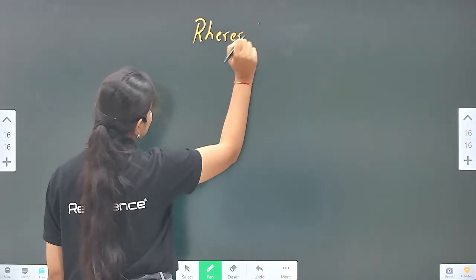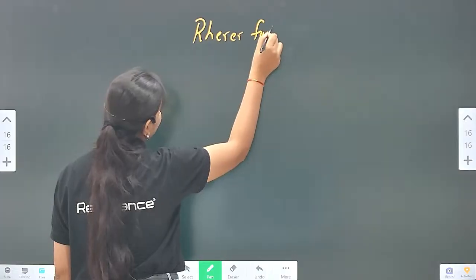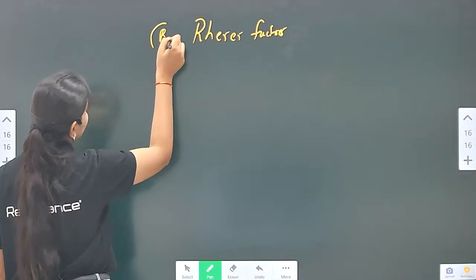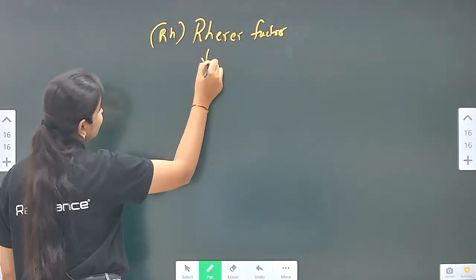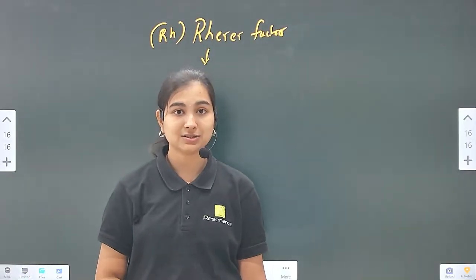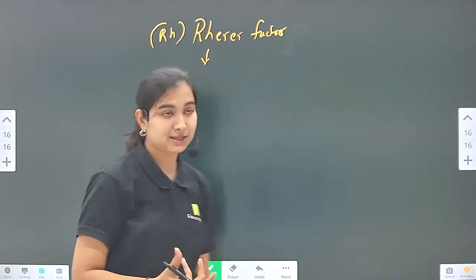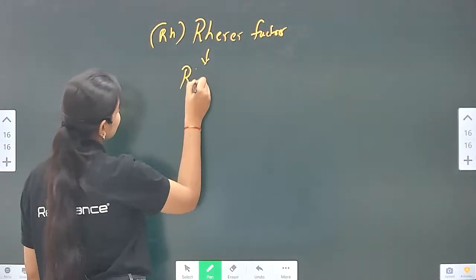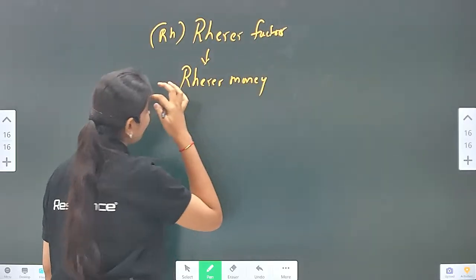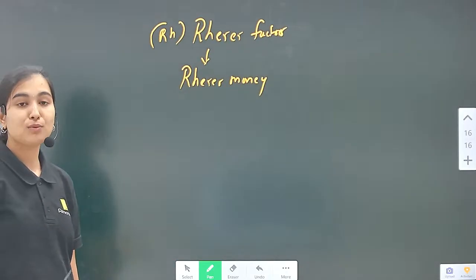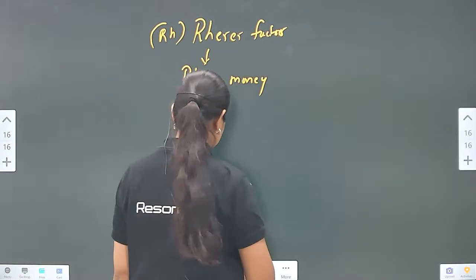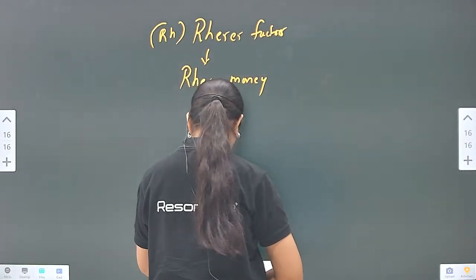That is rhesus, right? The RH factor comes from the word rhesus. Now this type was observed in the ancestors. Normally it was spotted in the rhesus monkey, right? It was observed in the rhesus monkey. Now ma'am, what exactly is this RH? The RH is also a type of antigen which is present on the cell surface.